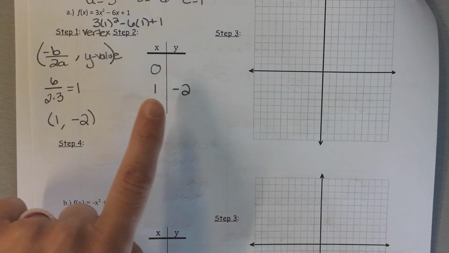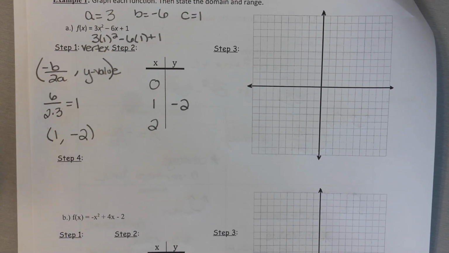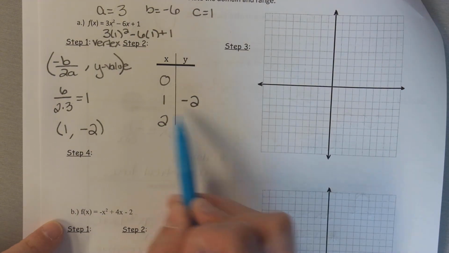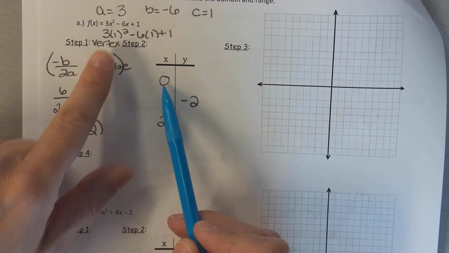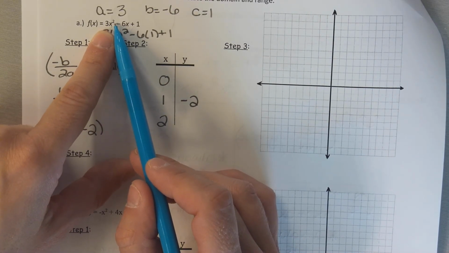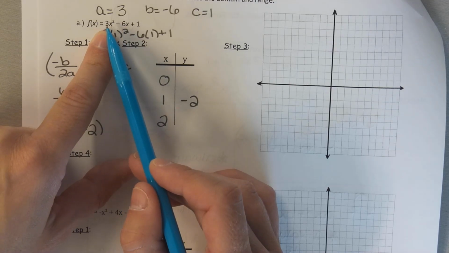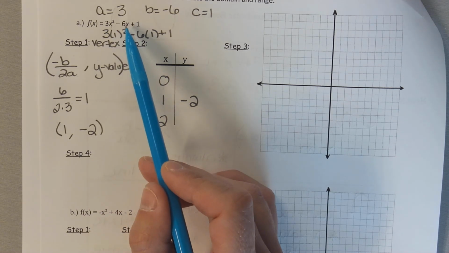So I'm going to plug the 0 into this equation, like what I just did with the 1, but I'm not going to have to plug in the 2, because this is going to give me 2 answers for the price of 1. So if I plug in 0, this one I can do in my head. 0 squared is 0 times 3, 0. -6 times 0.